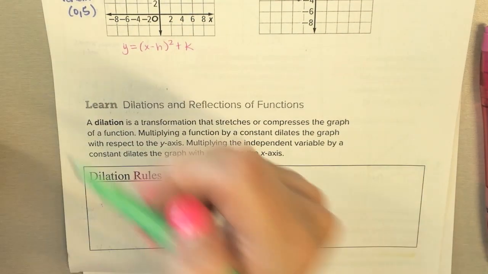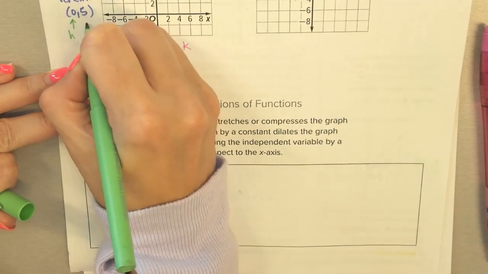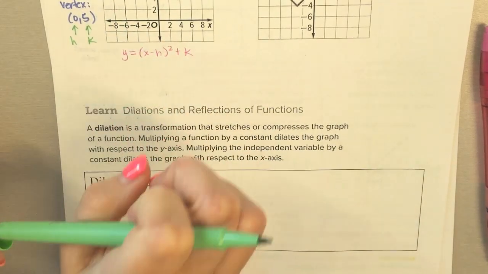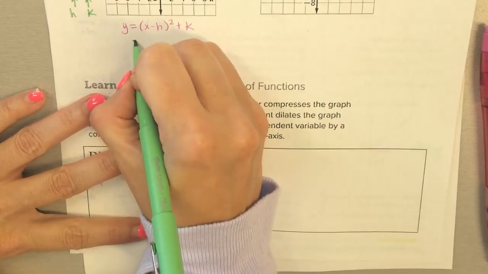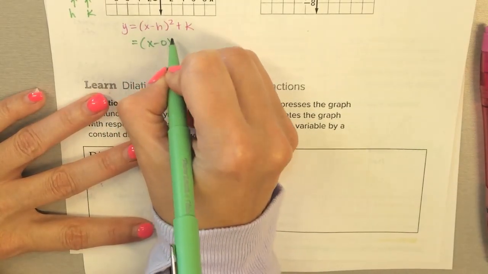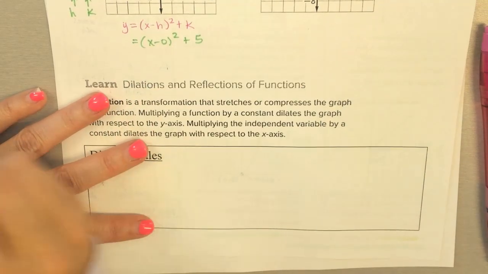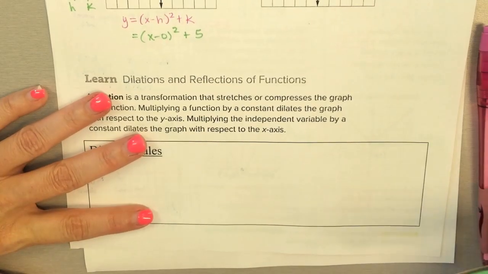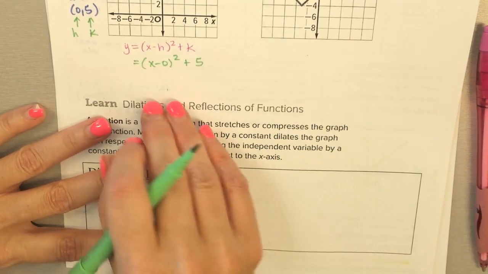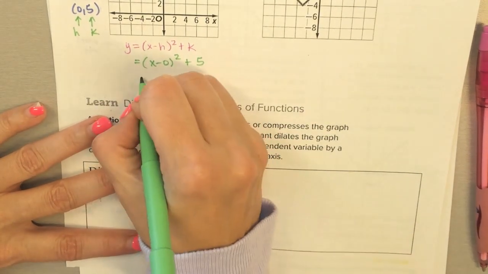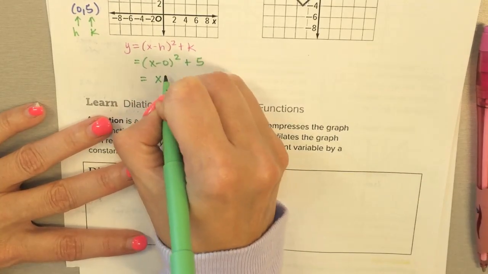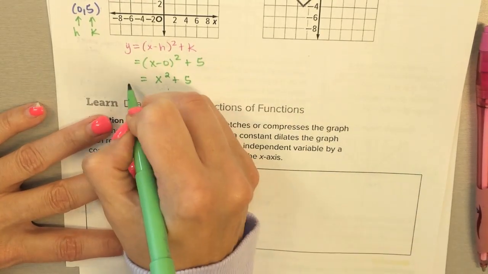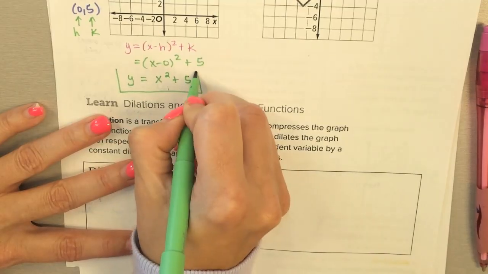We know that the first one is h, the second one is k. We're just going to substitute. So this is x minus 0 squared plus 5. And then you do need to simplify this. So x minus 0 is just x. So this is x squared plus 5 is equal to y.